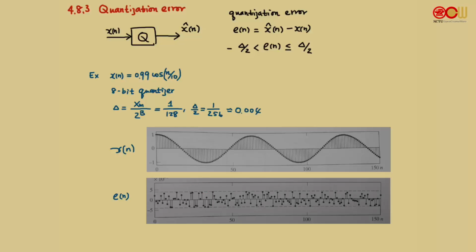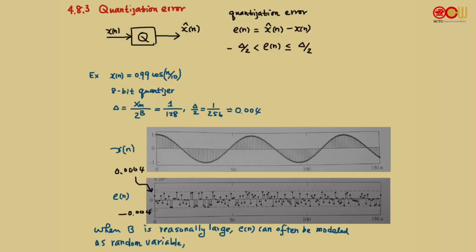And we can see that it's quite random between minus 0.004 and 0.004. It appears to be quite uniform in this range, and that is true in general.